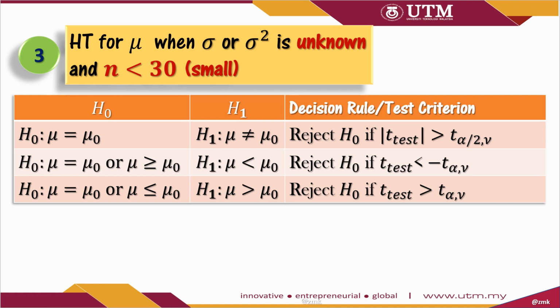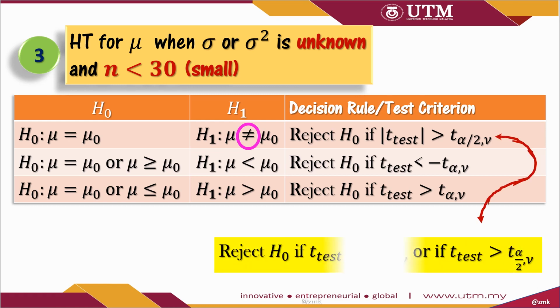The first one is the two-sided alternative hypothesis test, where under H1 we have mu unequal to mu naught. Therefore, the decision rule or the test criterion is reject H0 if the modulus of t-test is greater than t alpha over 2, nu. The decision rule for this two-sided test can also be expressed as follows.